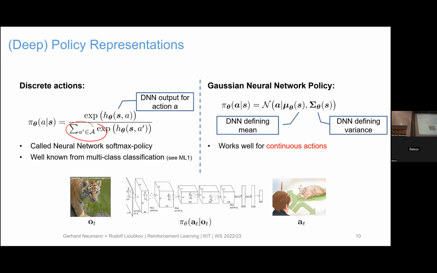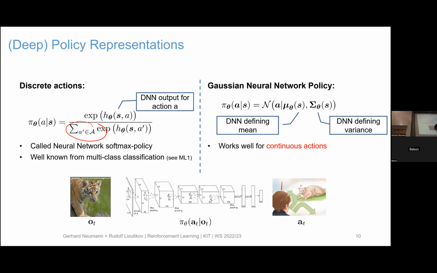So what you would do is basically that if it's not valid, this probability is set to zero, hard-coded. And the softmax is only defined on the remaining actions like this. So for discrete actions, it would look like that.